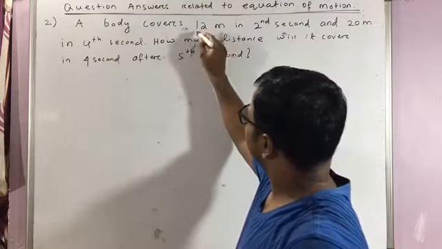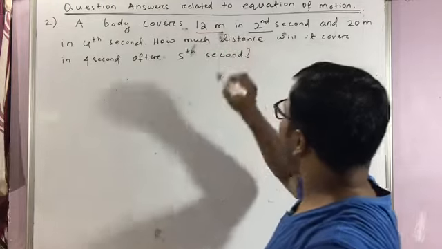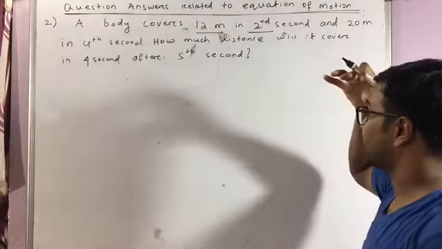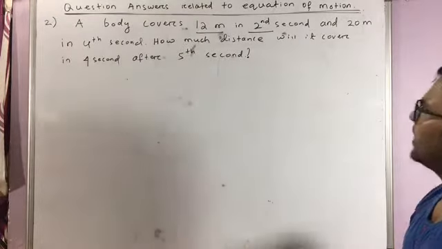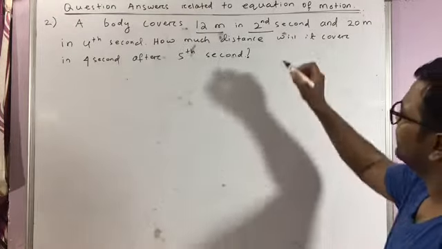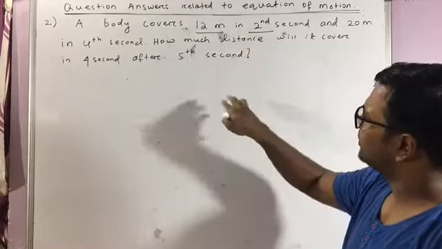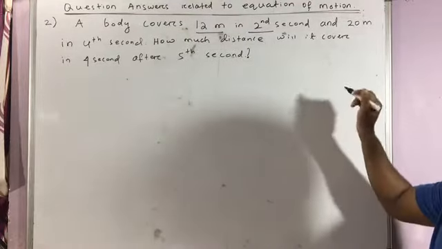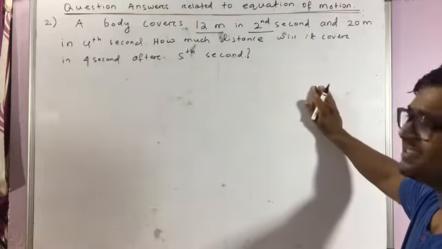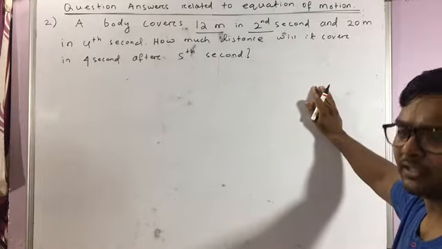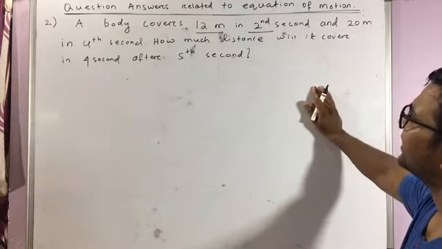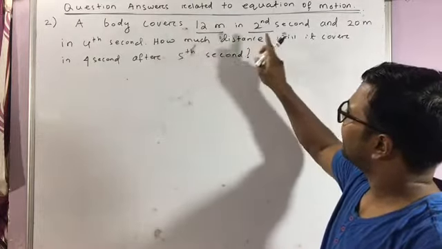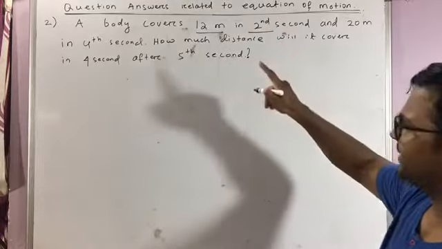Try to understand here. 12 meter in the 2nd second. The 2nd second, that day I have already told you, means this is the distance moved between 1 second and 2 seconds. That is called your S2. In general, that is called S nth, the distance moved between time 1 second and 2 seconds.